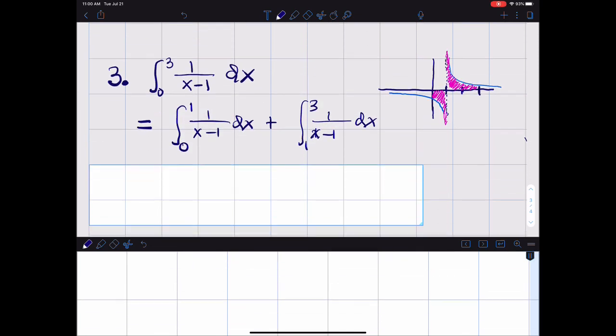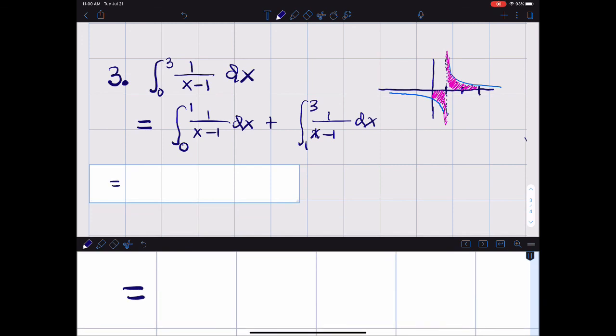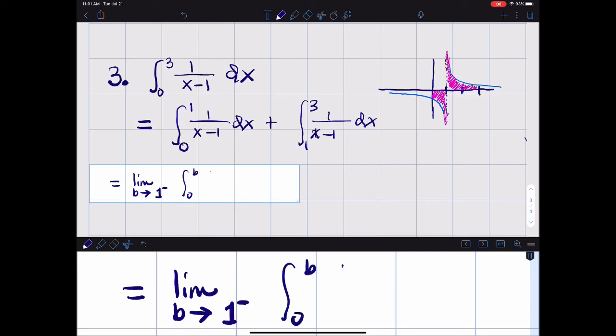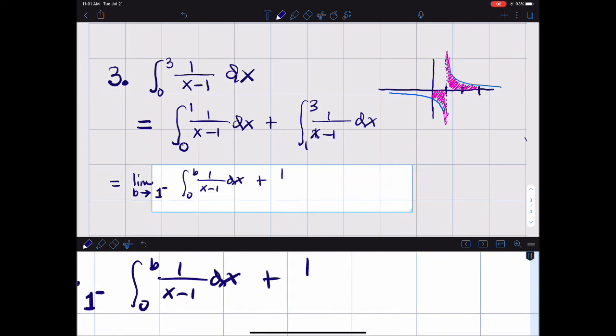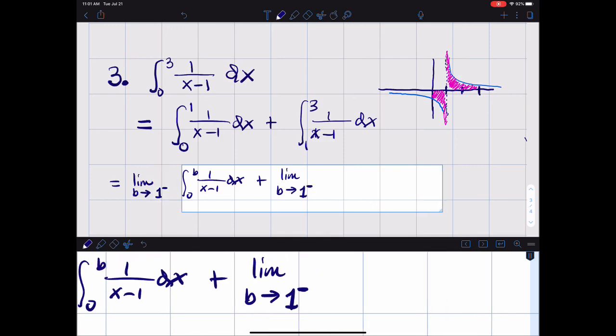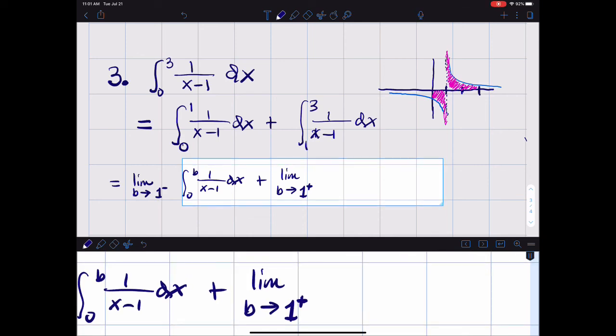So you're going to be doing the limit as b goes to 1, approaching 1 from the left, of the integral from 0 to b of 1 over x minus 1 dx. And then you're doing the limit as a goes to 1 from the right of the integral from a to 3 of 1 over x minus 1 dx.